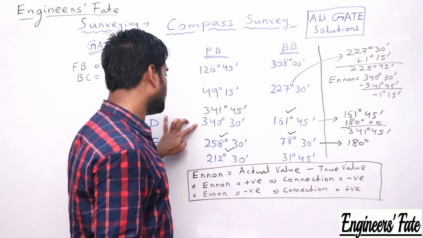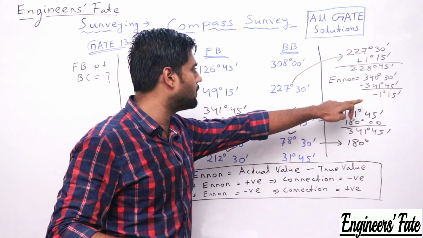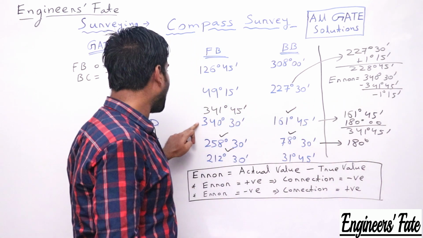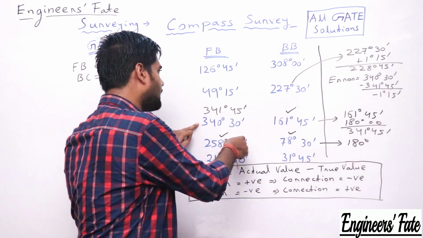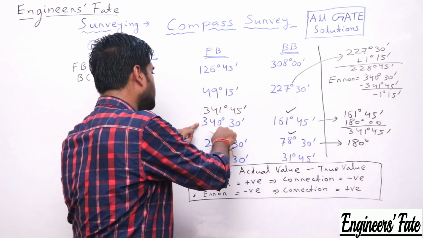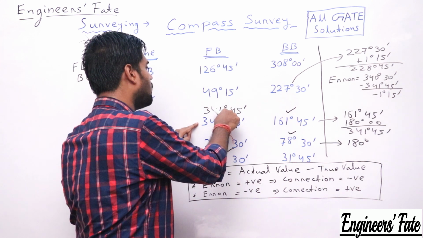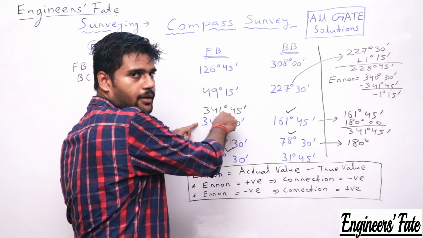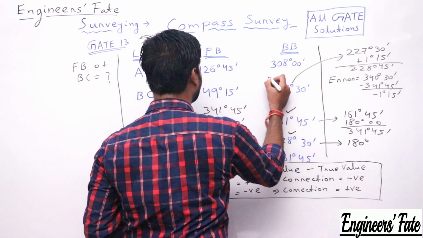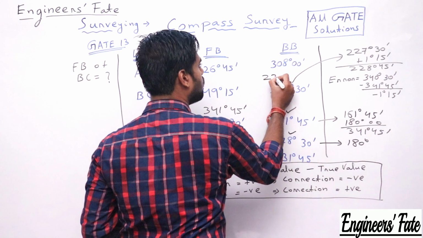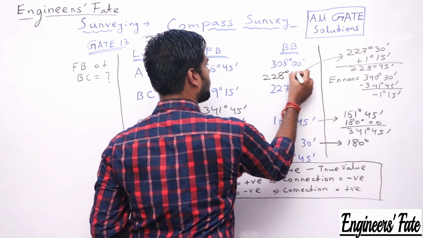The error was 1 degree 15 minute; the actual value was 340 degree 30 minute, and if I add 1 degree 15 minute, it gives me 341 degree 45 minute. So the correct back bearing of line BC will be 228 degree 45 minute.